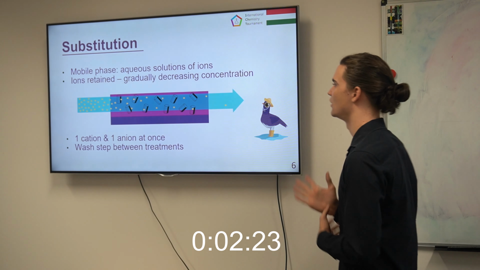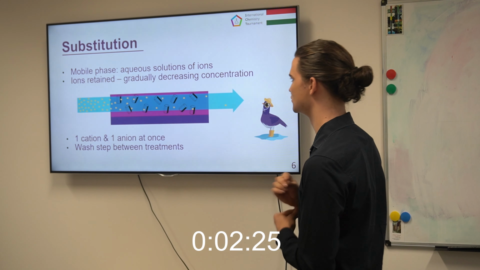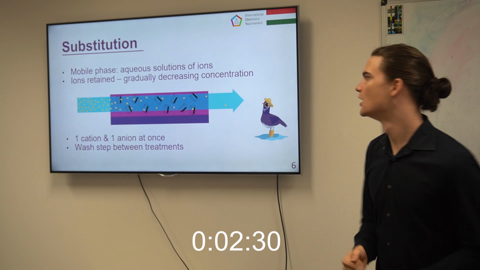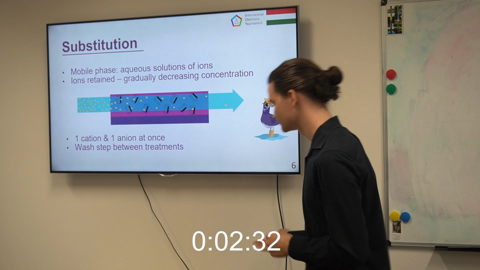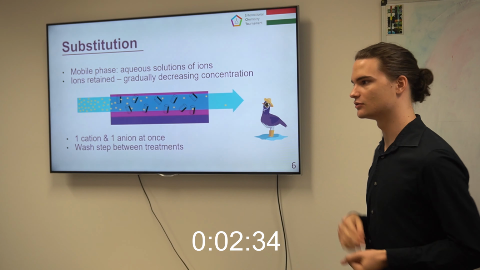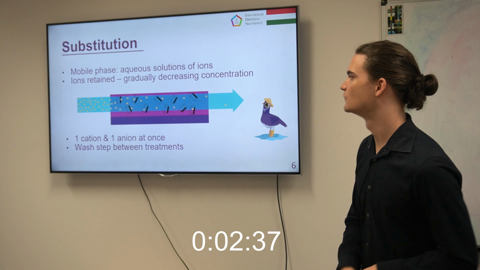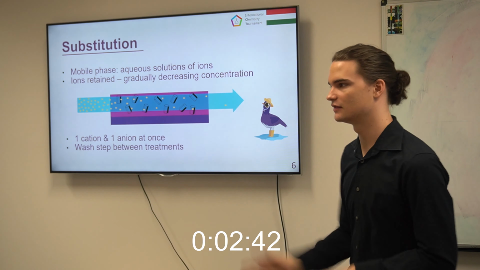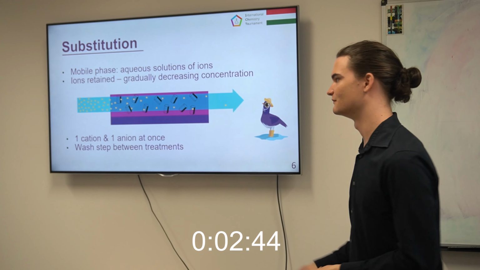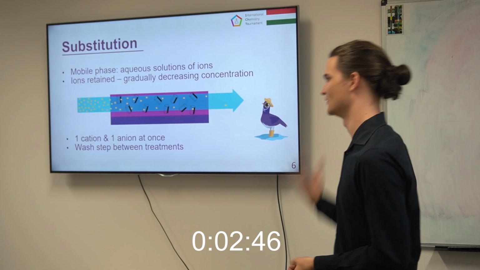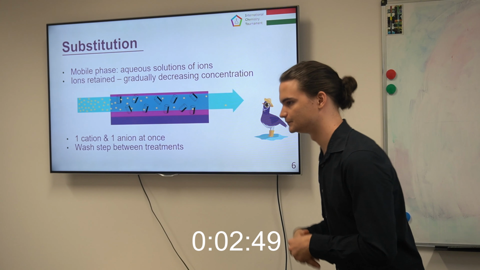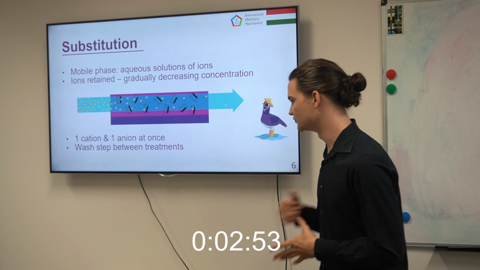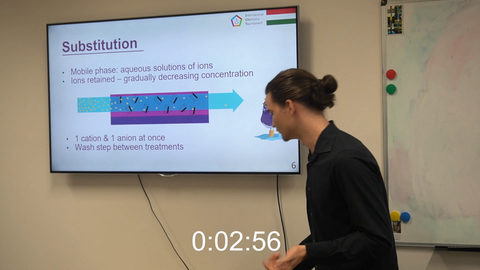Some ions are retained in the gel due to the interaction between the ions and the crystal particles, and that would create a gradually decreasing concentration throughout the plate. We do this treatment with 1 ion at once, at least 2 ions at once, like we have to have a cation and an anion, but between the treatment steps, the gel ought to be washed using distilled water.